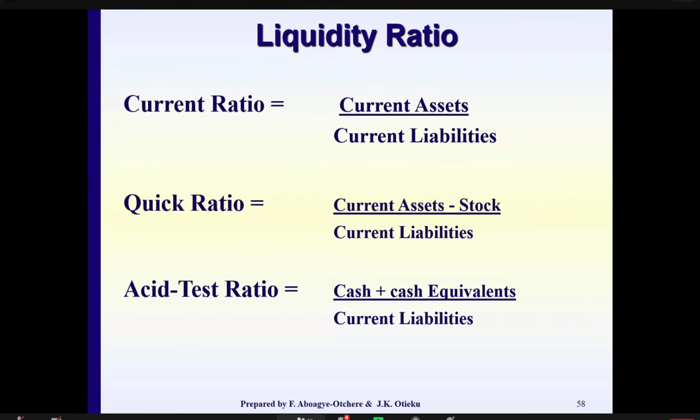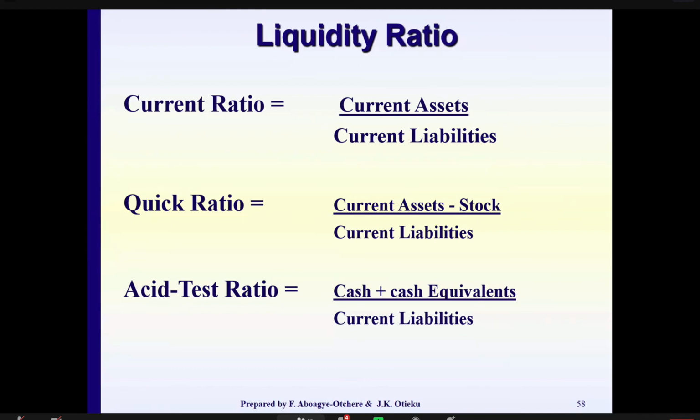However, when the ratio is too high, then it may mean that the entity is inefficient. For instance, if there's an industry where the standard is 2:1, but you have 5:1, it means that you have a lot of surplus assets and that your assets are not being utilized.